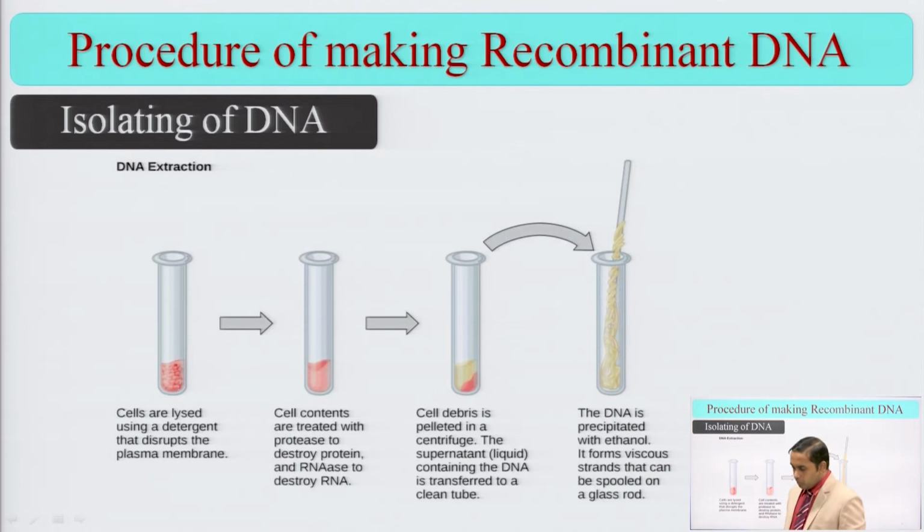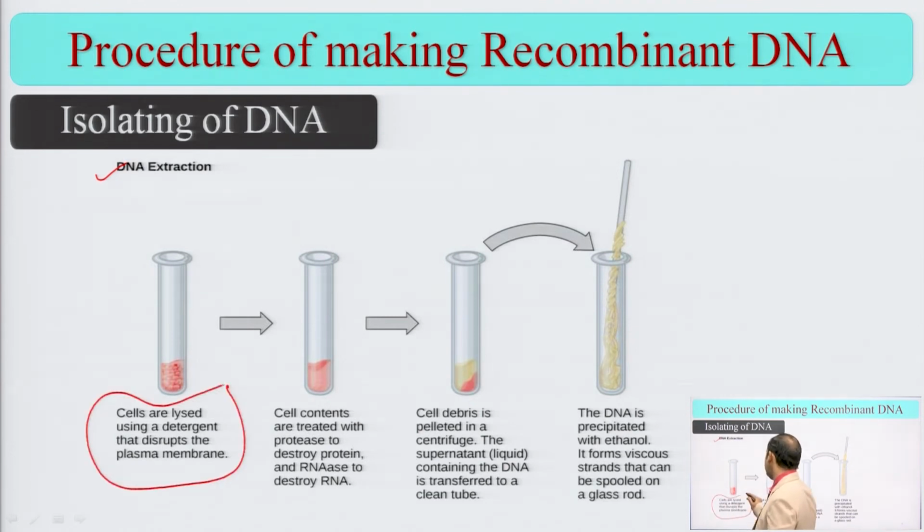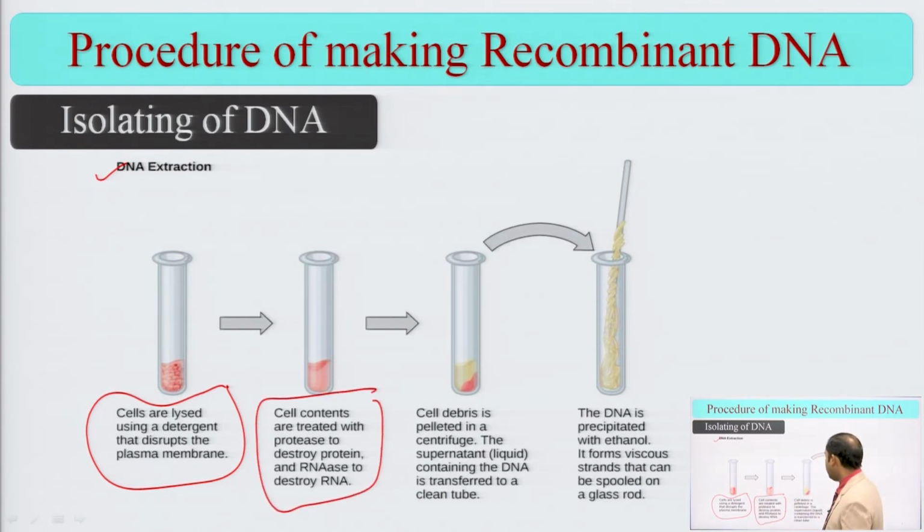So, how will you isolate a certain DNA? First you need to do the DNA extraction. How will you extract the DNA? For example, this is a cell. Cells are lysed by using a detergent that disturbs the plasma membrane. Then the cell contents are treated with protease to destroy the protein, and RNase enzyme to destroy the RNA.